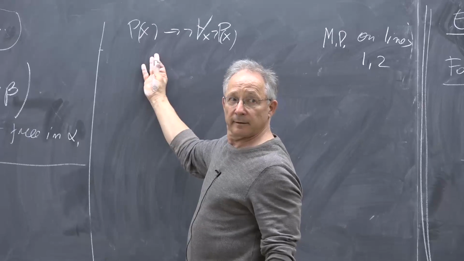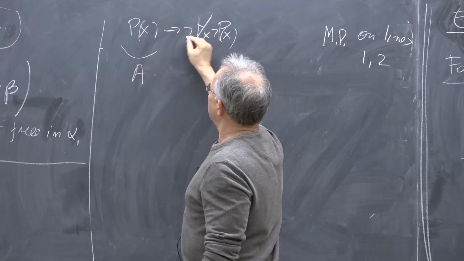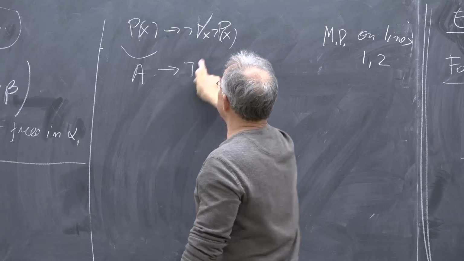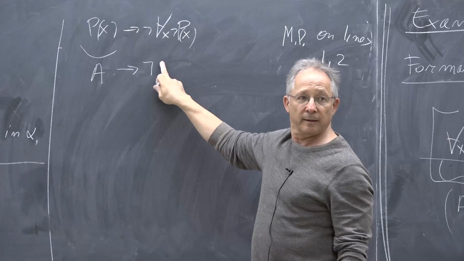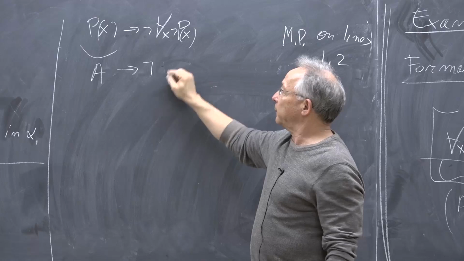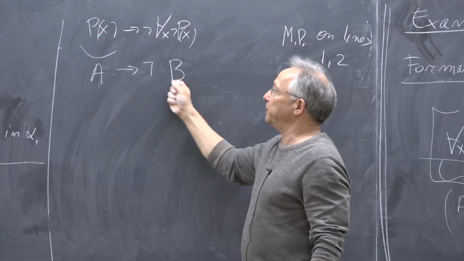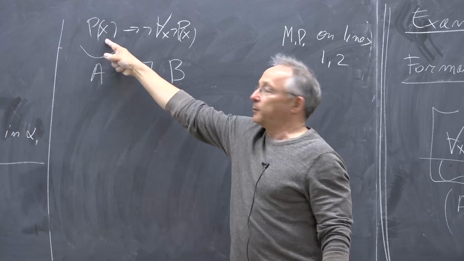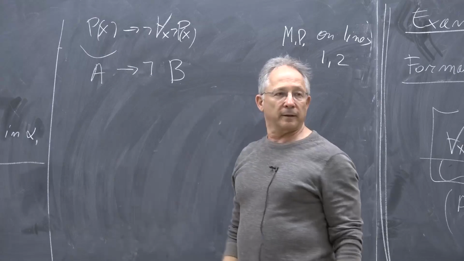This is just some A, here is arrows, here is not, but here is something not using a propositional connective, so it has to be a B. It's not syntactically exactly the same as what I had as A. So A arrows not B is not a tautology.